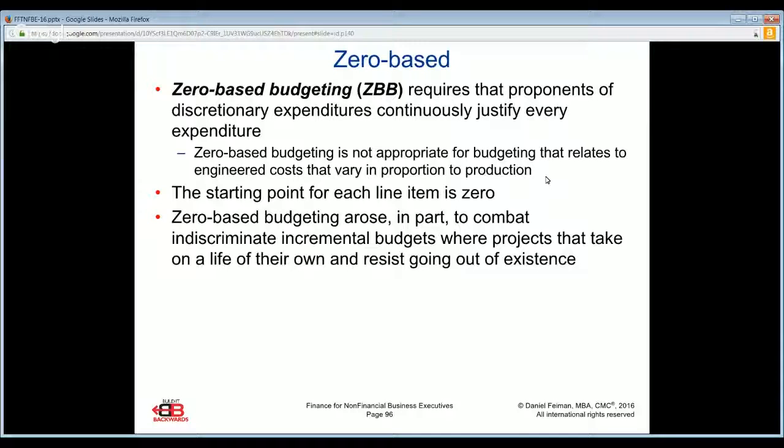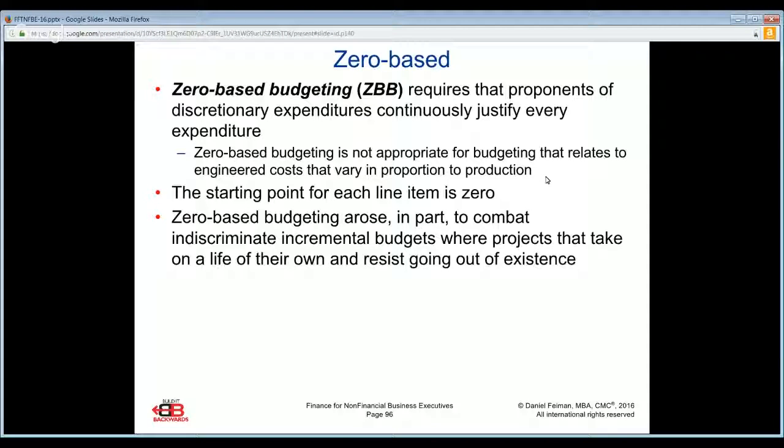It was designed to eliminate automatic increases. It was designed to eliminate wasteful spending. Some organizations operate consistently with zero-based budgets. Anything you cannot fully justify goes to zero, and you still must achieve your goals every single year.